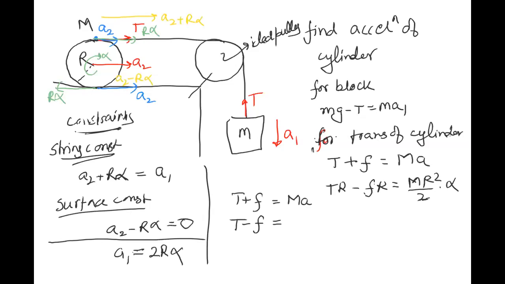So T minus F is equal to M by 2 into a2. We have to find a2, right? So I need to write this in terms of a2; a1 is equal to 2a2.